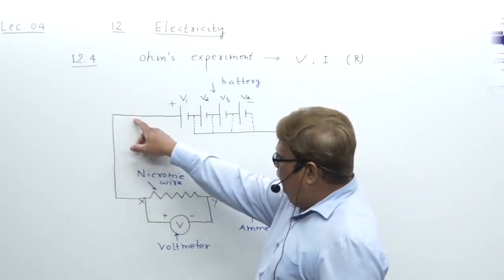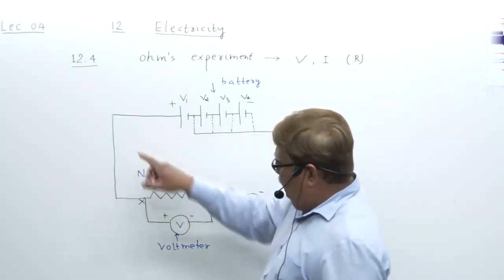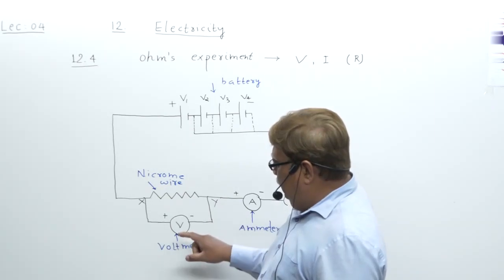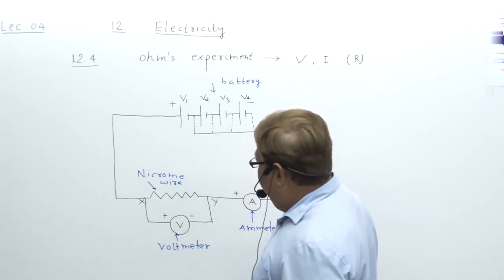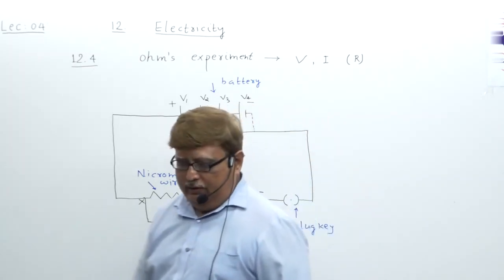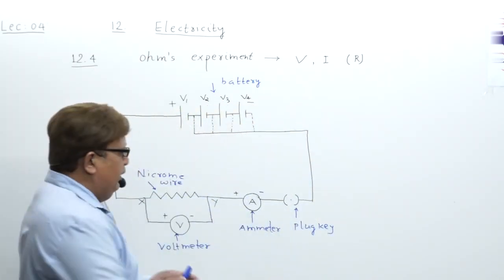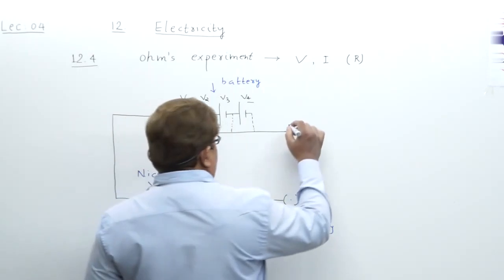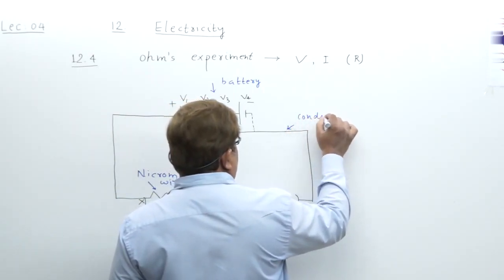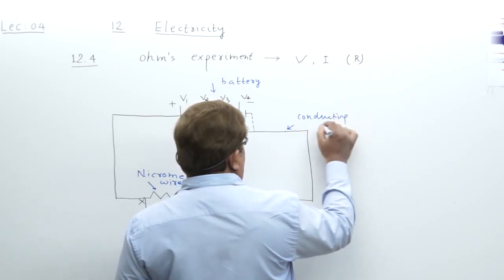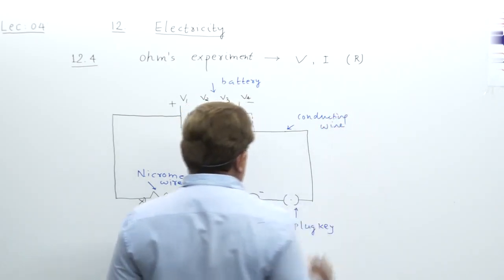This is conducting wire already. Conducting wire, nichrome wire, voltmeter, ammeter, plug key and battery, as you know. Understand? This is actually conducting wire, that also we have to mention, conducting wire. Okay. Now what happens, dear student?